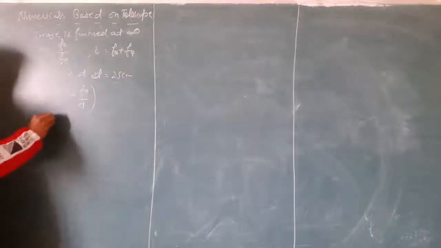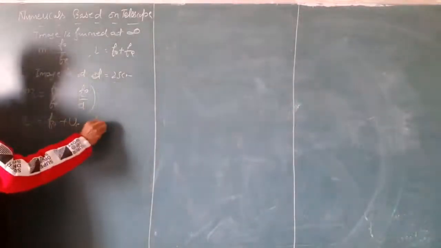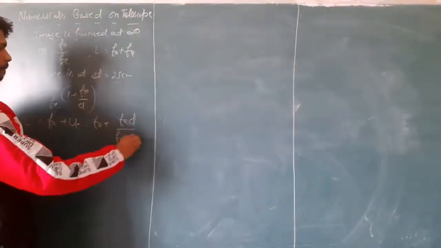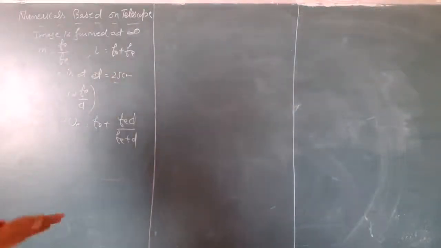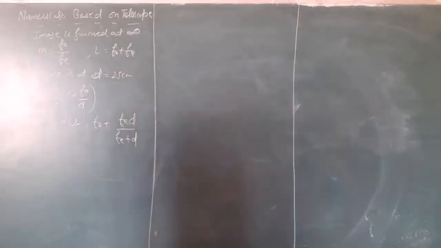So the tube length will be f naught plus ue, and ue की value भी हमने calculate करी थी अभी, उसकी value भी हम इसमें put कर सकते हैं. After putting the values of ue we can calculate it as f naught plus fed divided by fe plus d. Fed means focal length of eye lens into least distance of distinct vision divided by fe plus d, the sum of two terms.